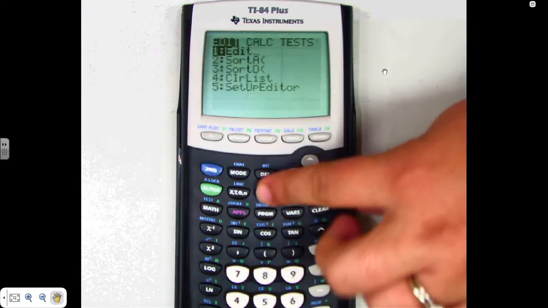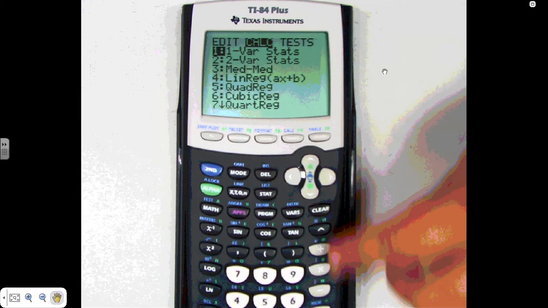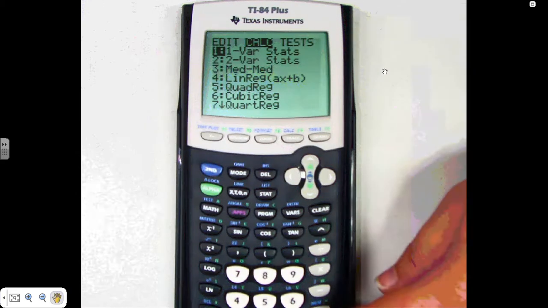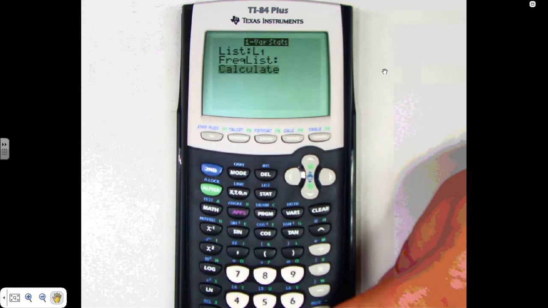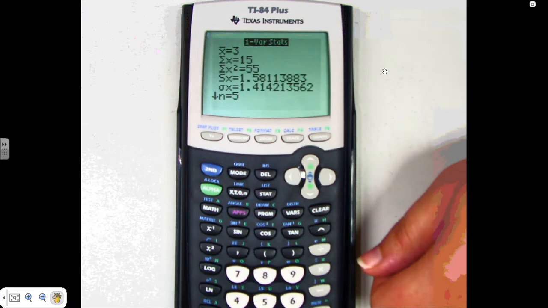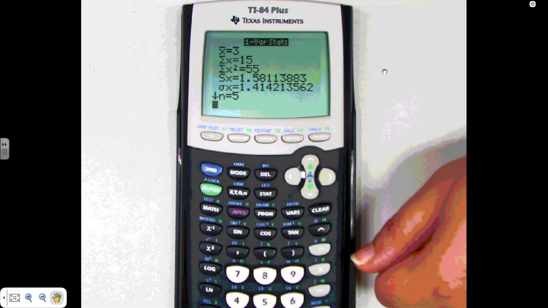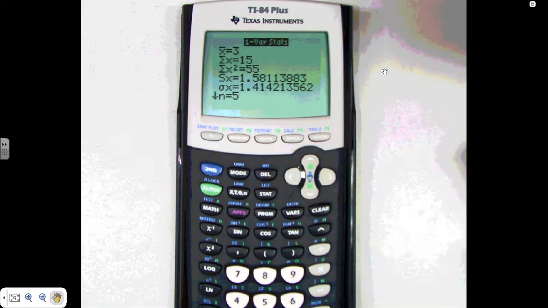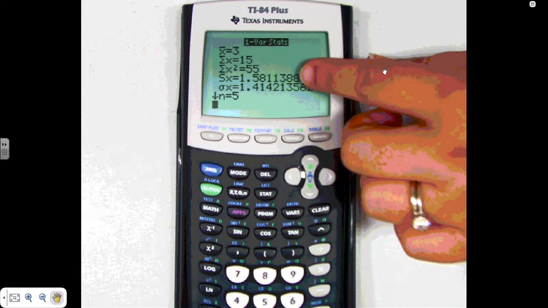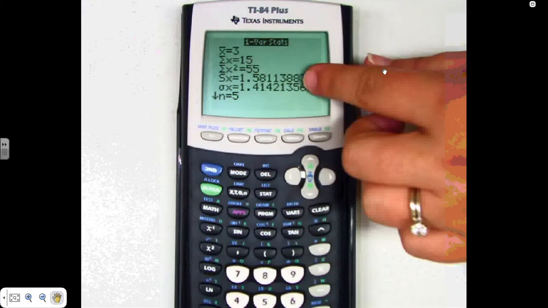So stat menu, arrow to the right, one variable statistics, hit enter. I'm going to use list 1. That's where my values are. I see that my mean x bar is 3, so I did that right. And then I see that s of x, this third value down, is 1.58, just like I calculated by hand.